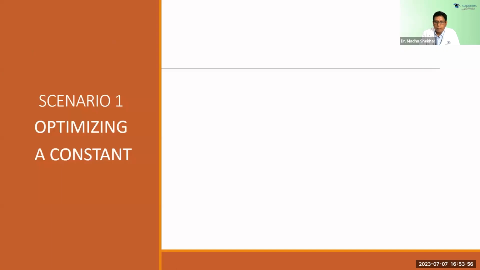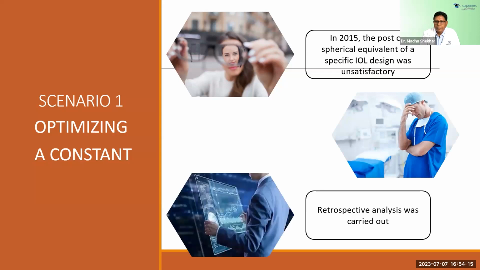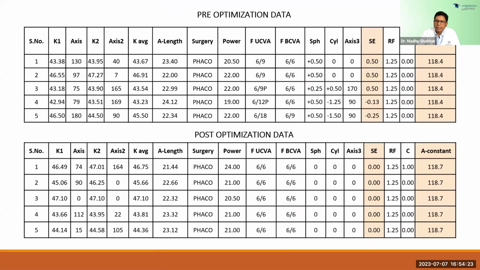I will go through a few examples one by one for better understanding. In 2015, we introduced one IOL model. In that, we found that our spherical equivalent was not satisfactory. So we retrospectively analyzed the post-op spherical equivalent of that IOL.